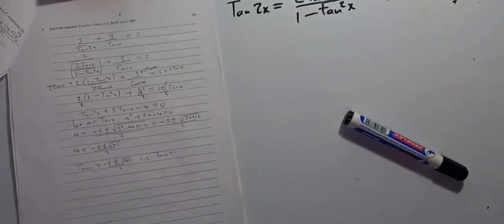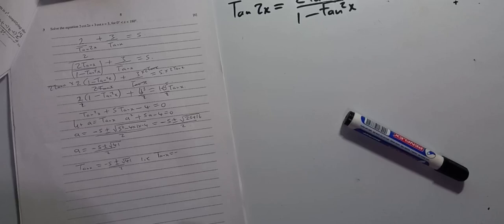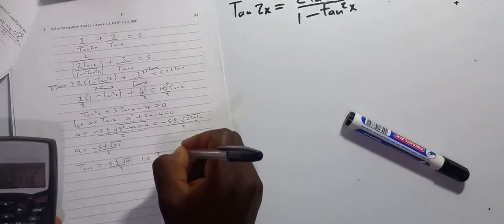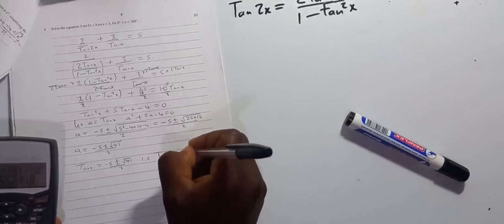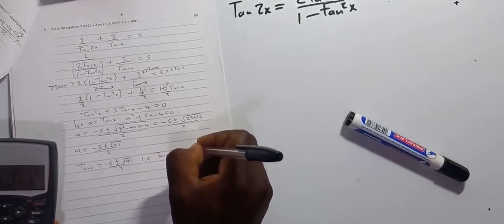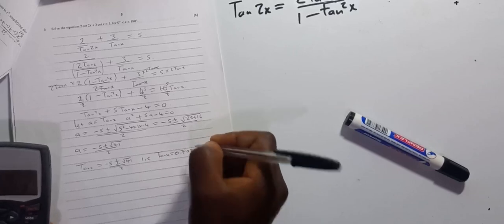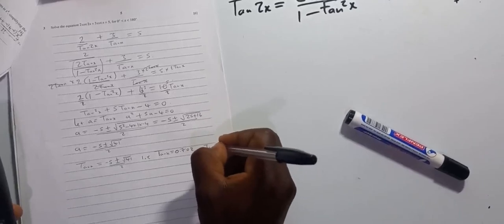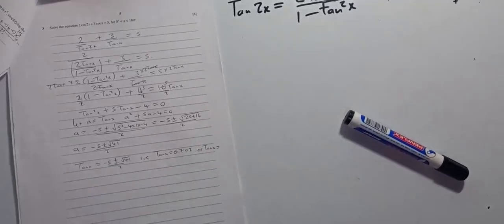So let us just reduce it to decimal form. If we say minus 5 plus square root 41, close bracket, divided by 2, the first one will give us 0.702 to 3 significant figures, or tan x equals the second one.